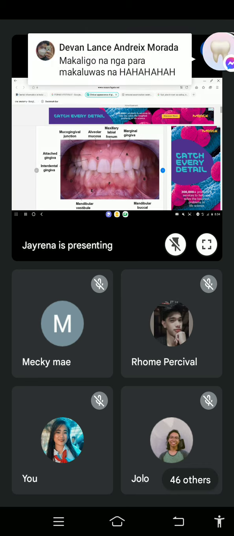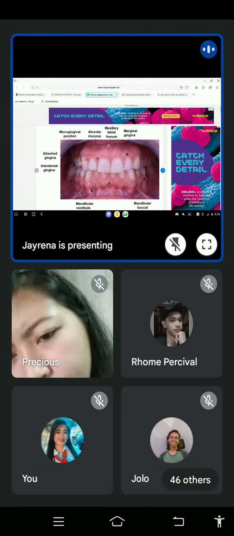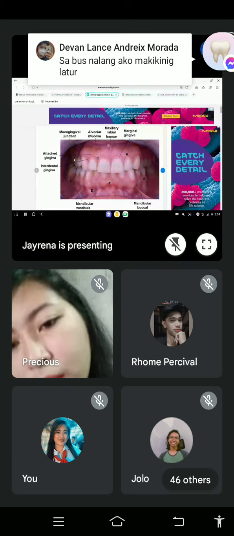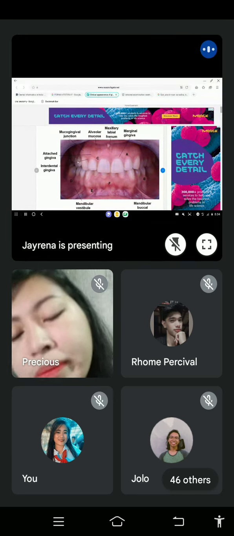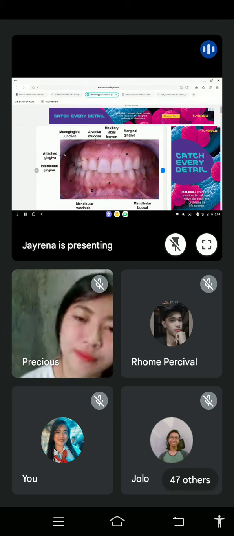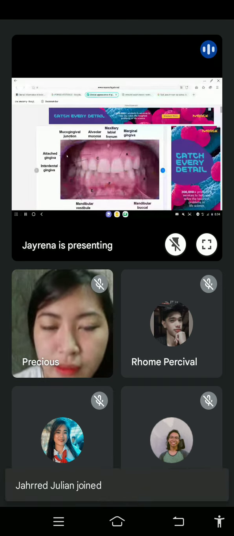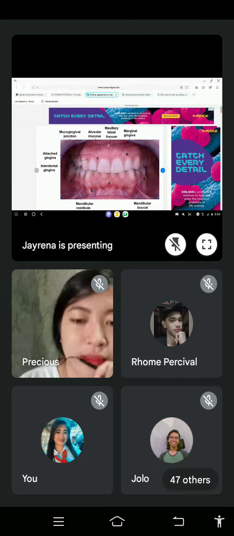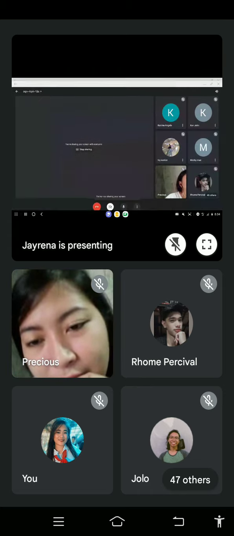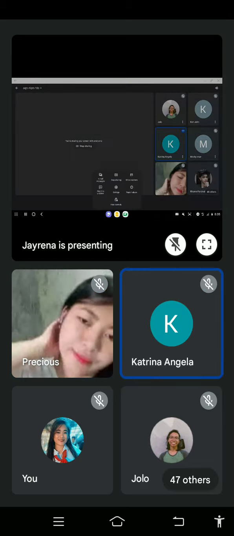So yung space of the front teeth towards your lips, it's your labial vestibule. The space between the teeth facing the cheeks, that's your buccal vestibule. Naintindihan? Malinaw? Yes, Doc. Okay. Sige.